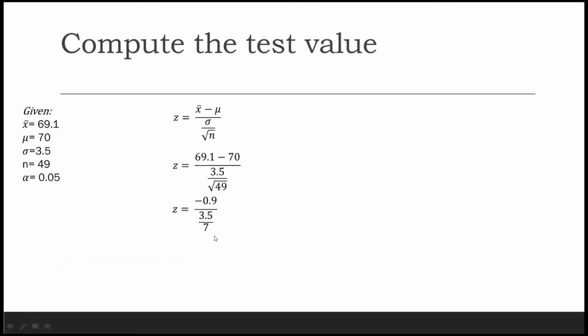Kaya naging 7 to. Then solve natin yung 3.5 divided by 7. So 3.5 divided by 7 is equal to 0.5. Then let's proceed. Negative 0.9 divided by 0.5 is equal to negative 1.8. So the test value is negative 1.8.